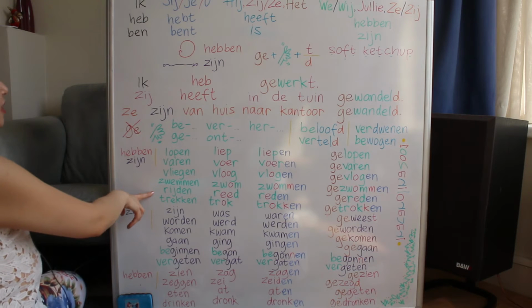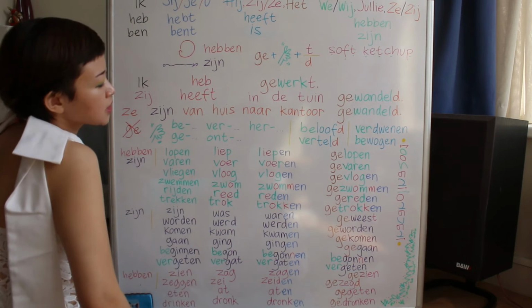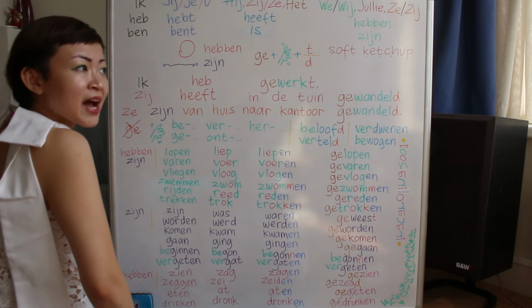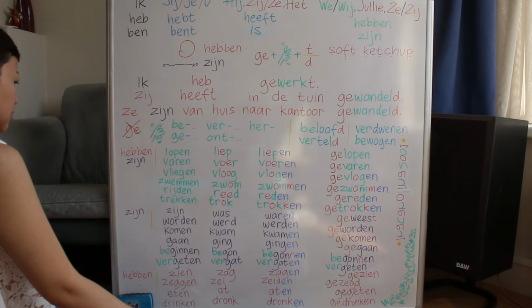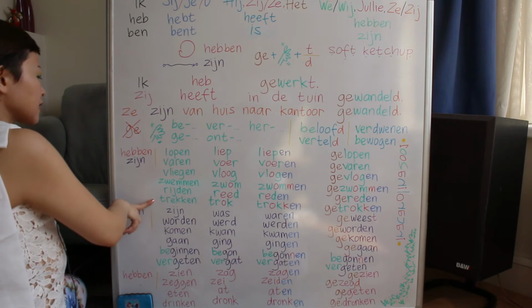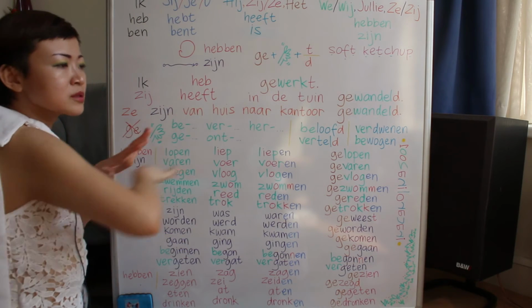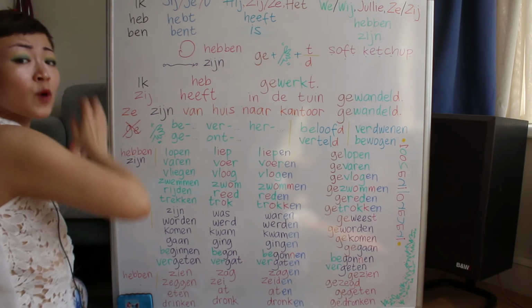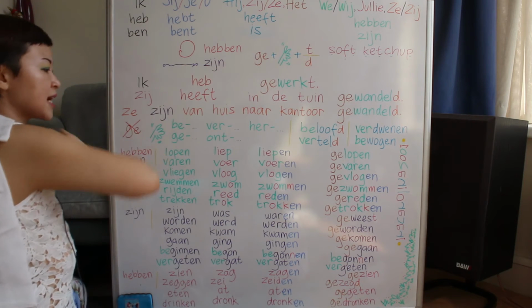Rijden, reed, reden, gereden. Drive, drove, driven. So in the same circumstance, you use hebben, or from one point to the other point, you use the zijn.